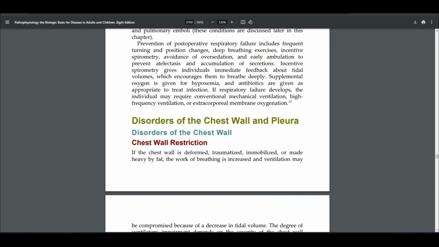Incentive spirometry gives individuals immediate feedback about tidal volume, which encourages them to breathe deeply. Supplemental oxygen is given for hypoxemia, and antibiotics are given as appropriate to treat infections. If respiratory failure develops, the individual may require conventional mechanical ventilation, high-frequency ventilation, or extracorporeal membrane oxygenation.